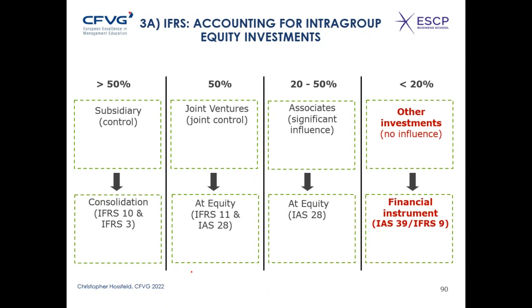And basically, if I'm below 20%, so we don't have any of those situations, then we just have a regular investment or other investments. And here we need to apply the accounting rules for financial instruments, in particular IFRS 9.